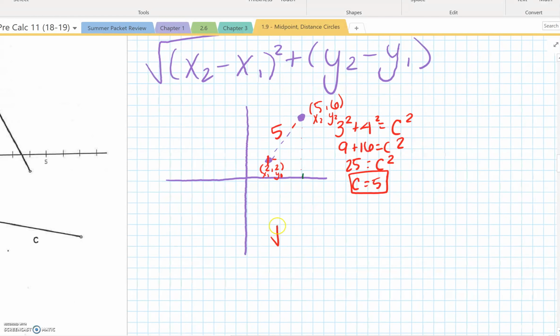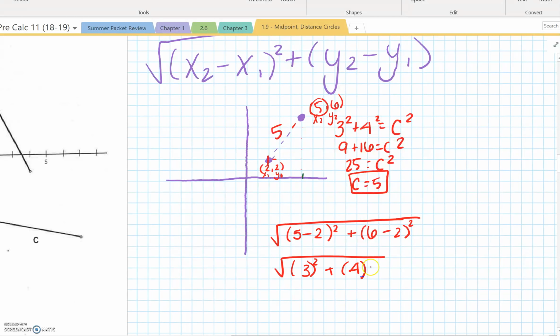I would say this is the square root of x2, which is 5, minus x sub 1, which is 2, squared, plus y sub 2, which is 6, minus y sub 1, which is 2, squared. And if I do this, I get 3 squared plus 4 squared.